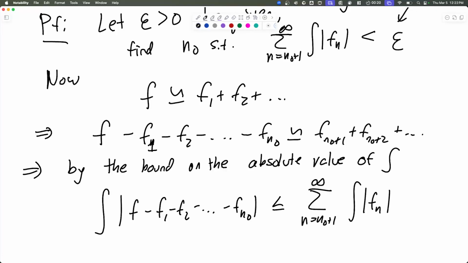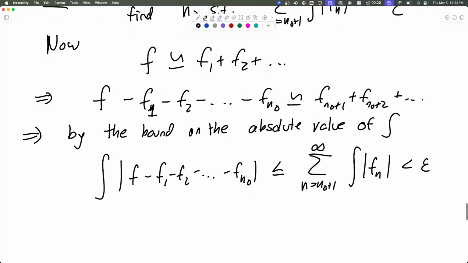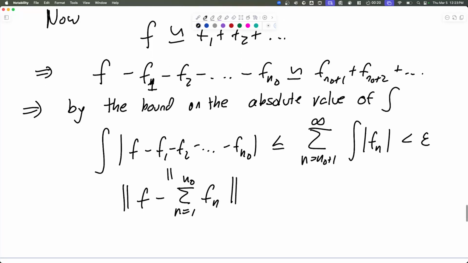But this is less than epsilon. And then this thing is equal to the norm of f minus the sum from n equals 1 to n naught of the fn. So what we've shown is that for every epsilon, there exists an n naught so that this is less than epsilon.